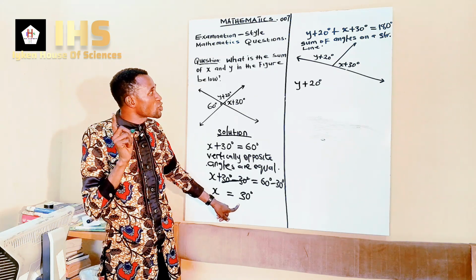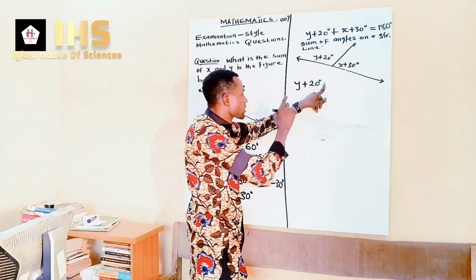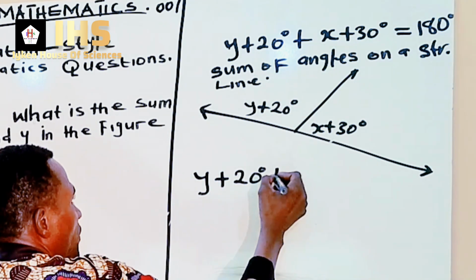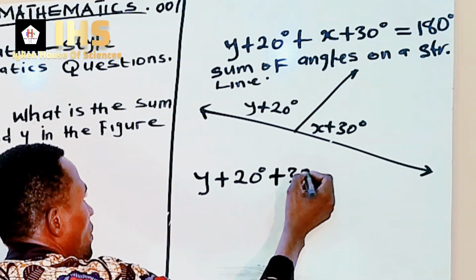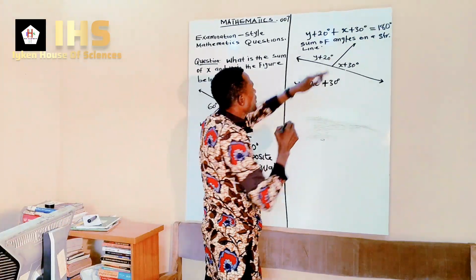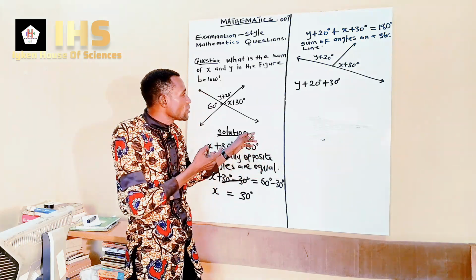So we are going to substitute this 30 degrees in place of x. Then we also have 30 degrees, which is originally in the question.